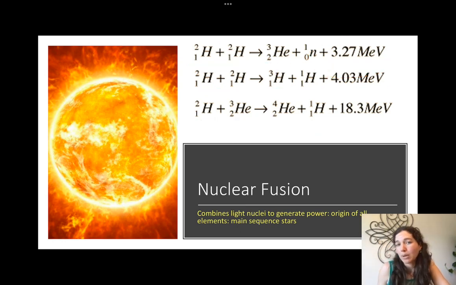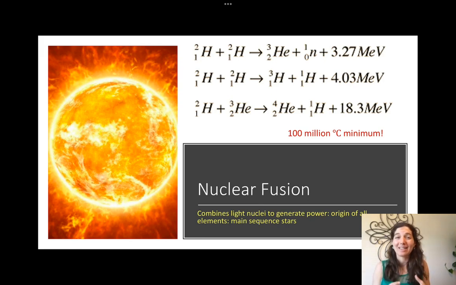Now, one of the problems with nuclear fusion is that in order for it to occur, it's got to be really, really hot. So the sun's usually about 5 million to 100 million degrees Celsius in order for this process to happen. So this normally doesn't happen on Earth because of this issue, and also has to be pretty high pressure because you have to contain this reaction.